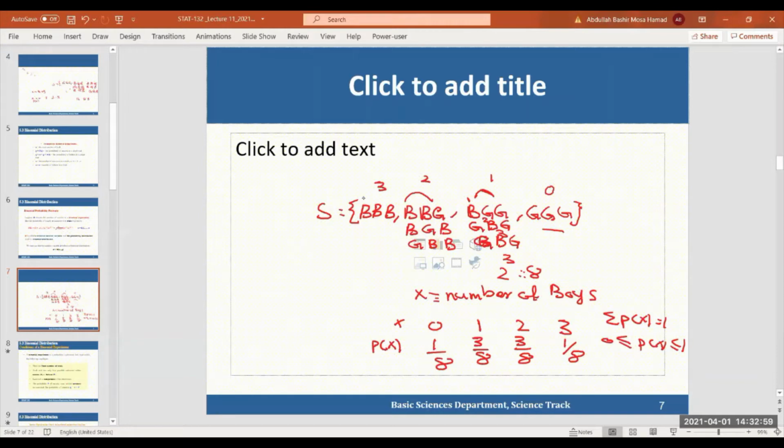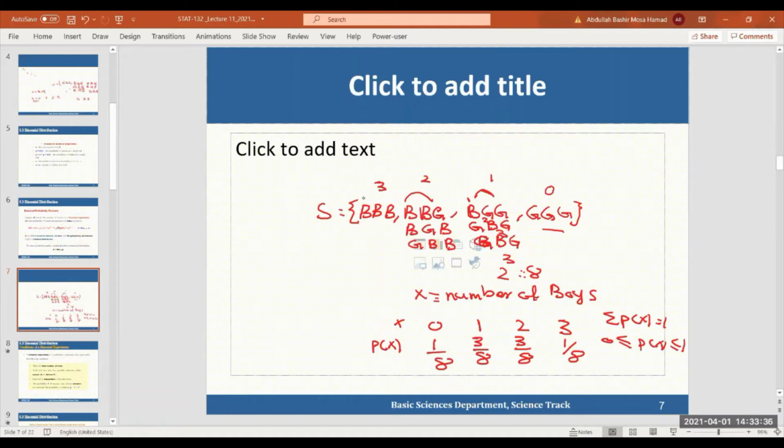We are talking about number, not order. One boy, regardless of order. We don't care about order. We care about number. So in mathematics, how do we find these orders? When we are not caring about order, we use combination.